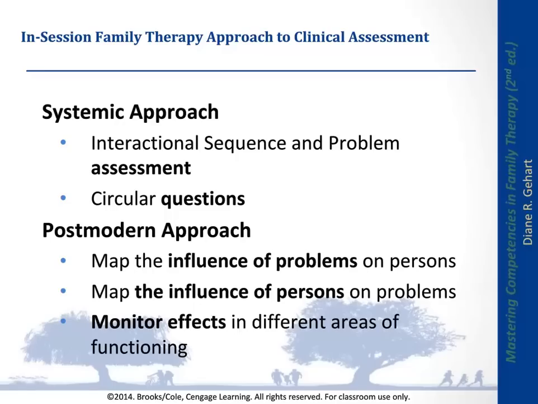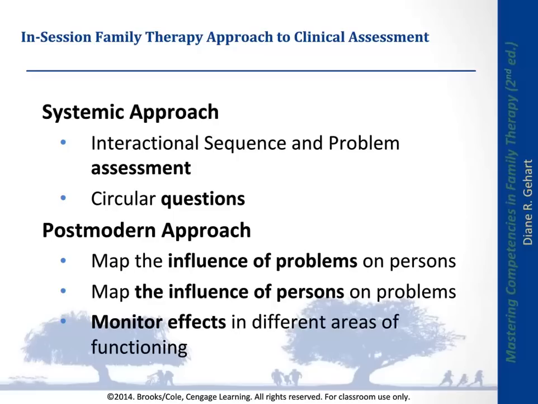This is a great way to get a ton of clinically relevant information for making a diagnosis while still moving forward and working as a narrative therapist. When you map the influence of the problem, you look at all the ways that the problem has affected the person's life and relationships. In asking these questions, you can ask about mood, thoughts, behaviors, other people, relationships, and how they're functioning in all the different realms.